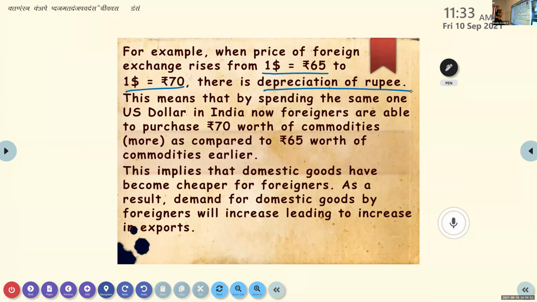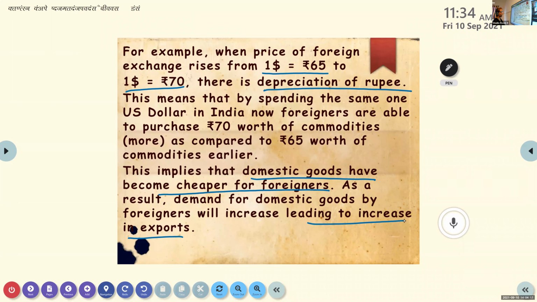So in this situation, domestic goods are becoming cheaper for foreigners. Slowly, foreigners start demanding more and more goods. This will lead to an increase in exports, so there is an indirect advantage for India.